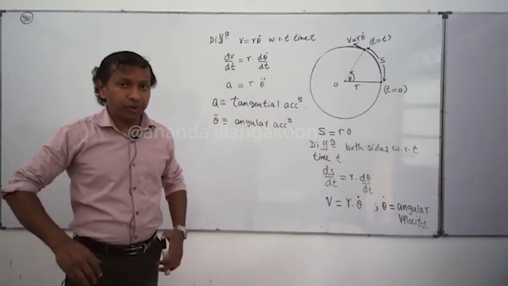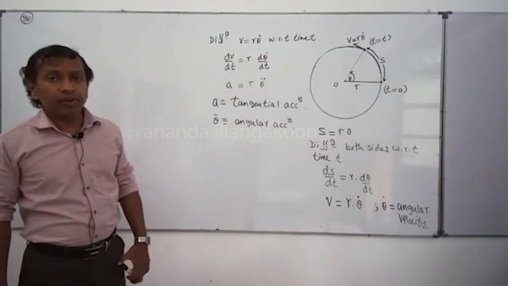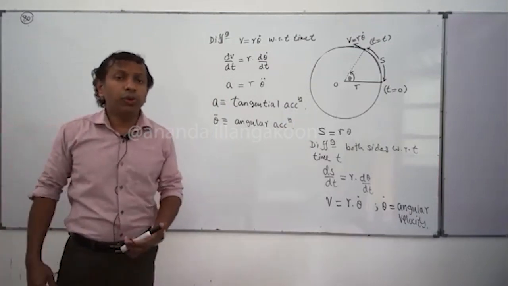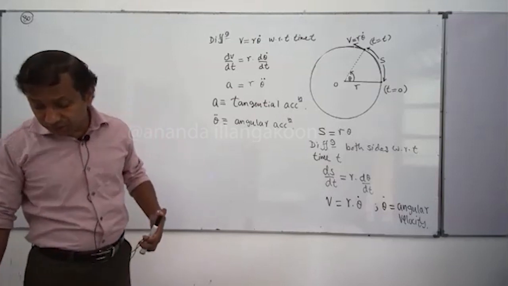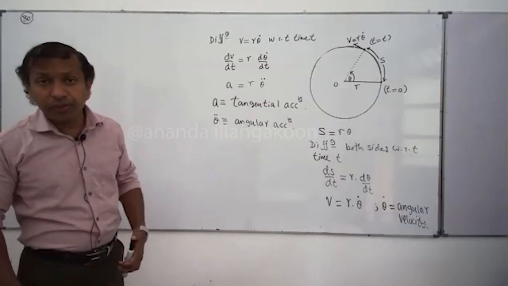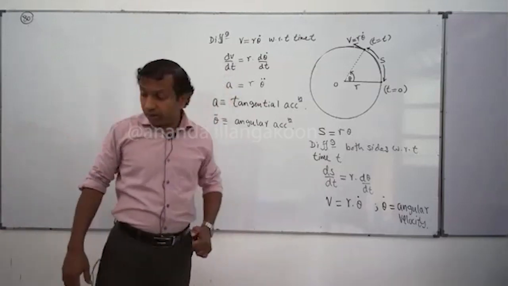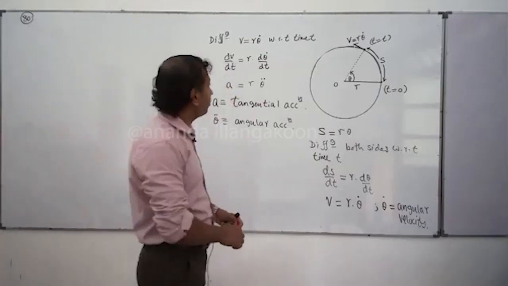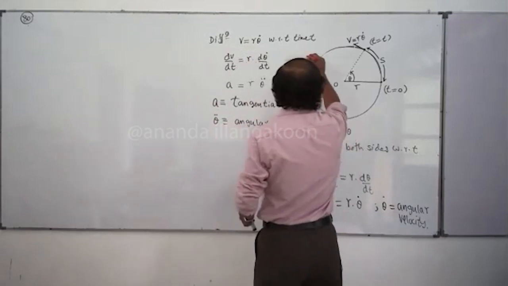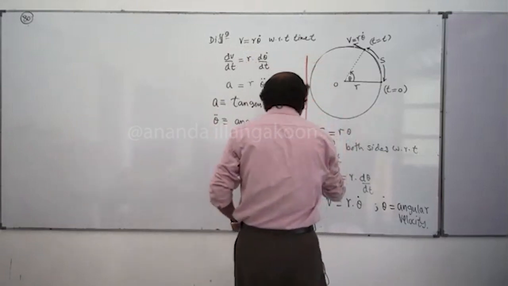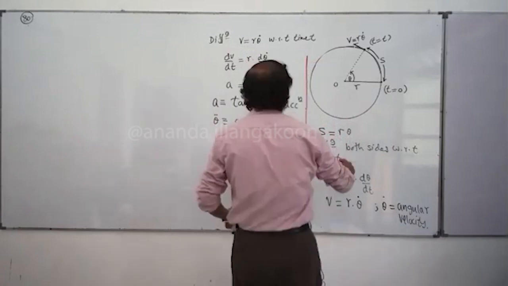That is a standard notation we use whenever we work out questions. So in this question also we have to use that. Therefore, we will write this down as a note first.